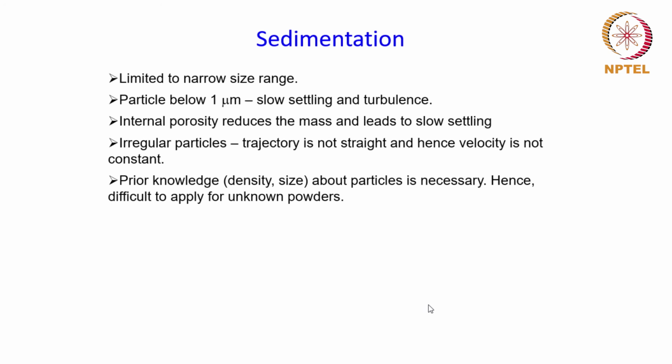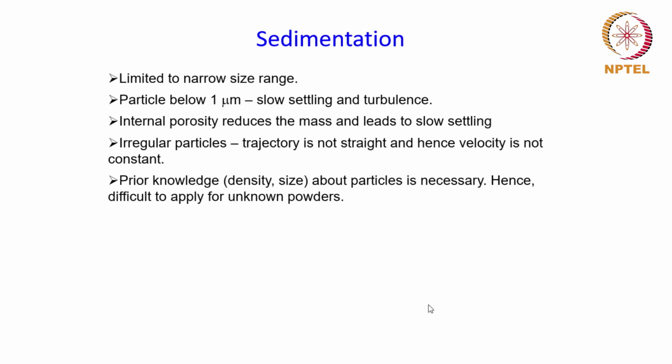For example, it is limited to a narrow size range, and for particles below 1 micrometer there is slow settling and turbulence, and if there is internal porosity in the particle, that will reduce the mass and that in turn will lead to slow settling.